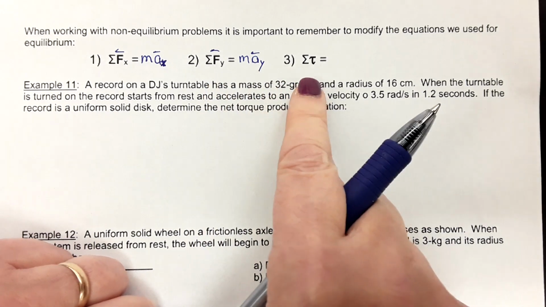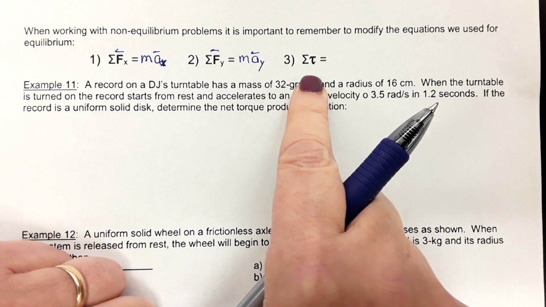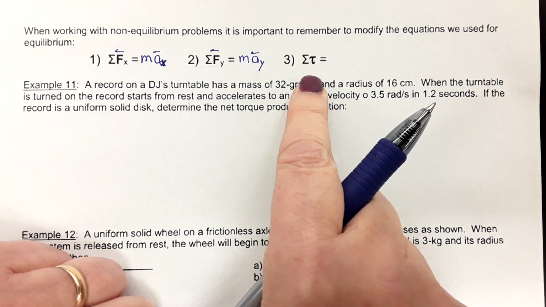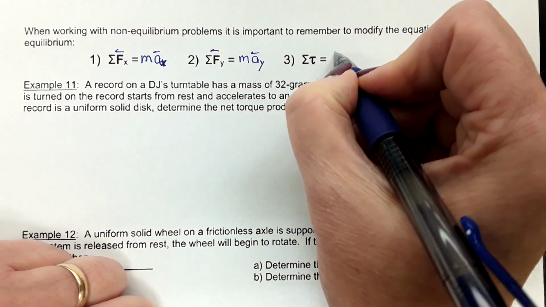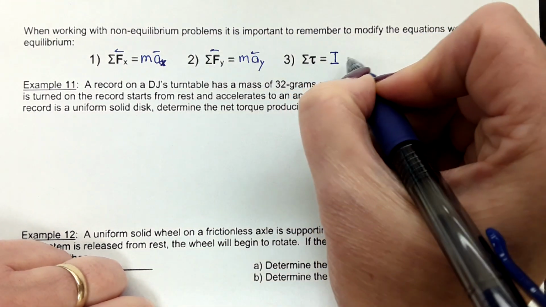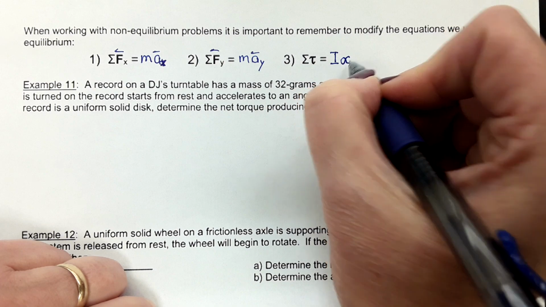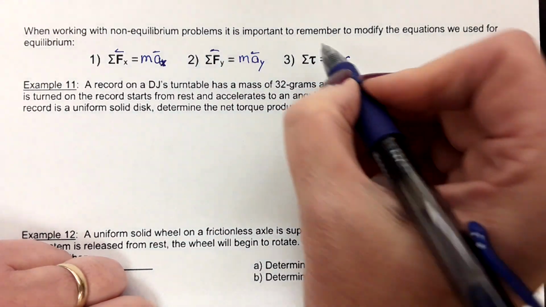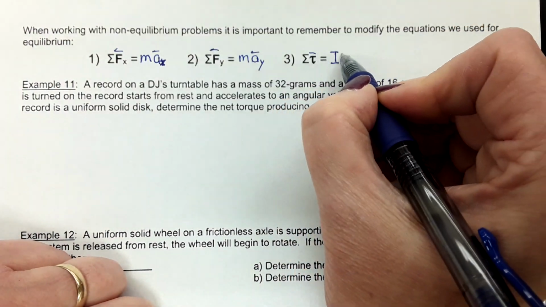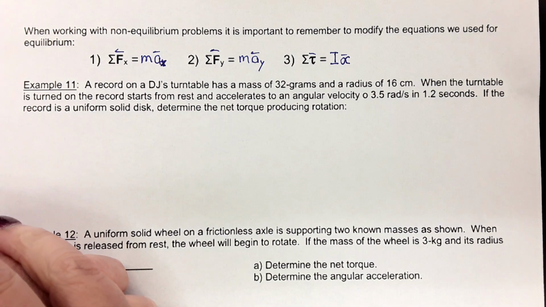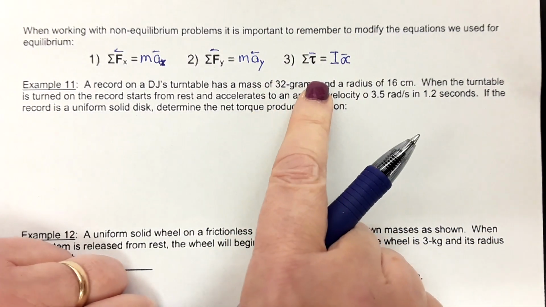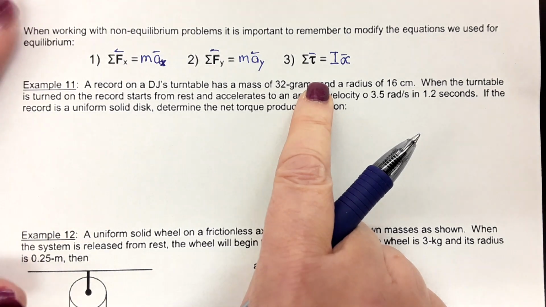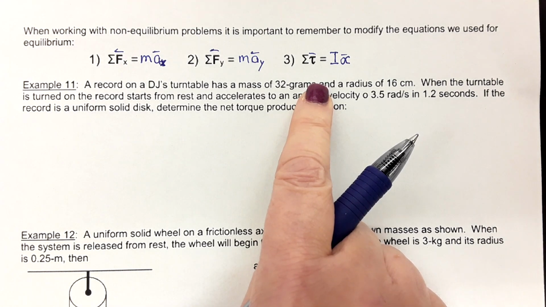Likewise, with rotational dynamics, instead of force, we talk about torque. And if the net torque is not zero, then the moment of inertia will experience an angular acceleration. So we're going to be applying Newton's second law for rotational motion today. Let's take a look at this first example.